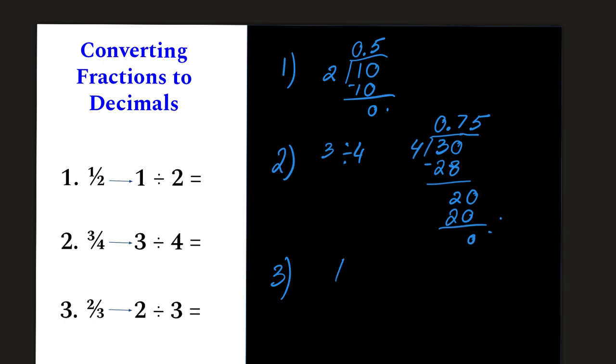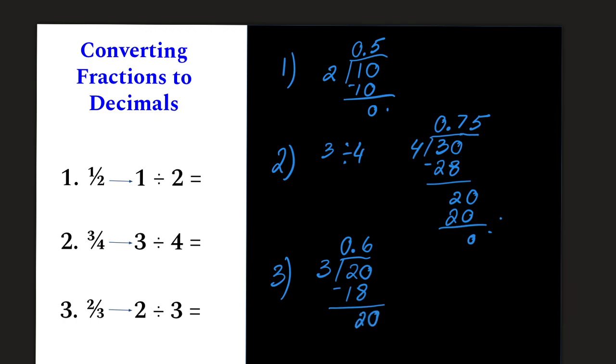2 divided by 3. 3 is greater than 2, so we're going to put a 0 and a decimal here and make this a 20. So 3 can go inside 20 6 times. That will be 18. I'm going to subtract 18 from 20.